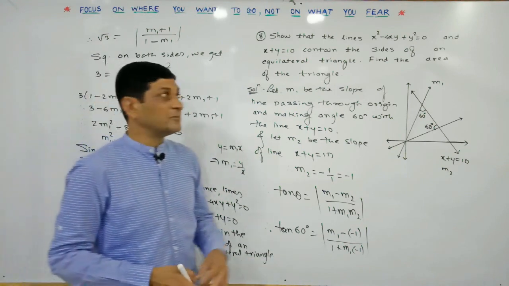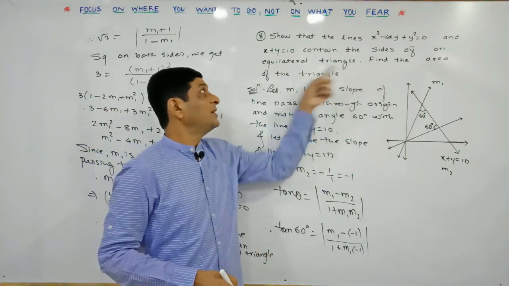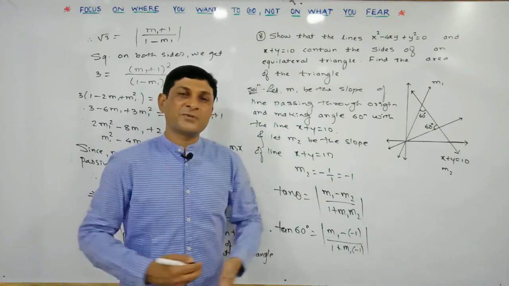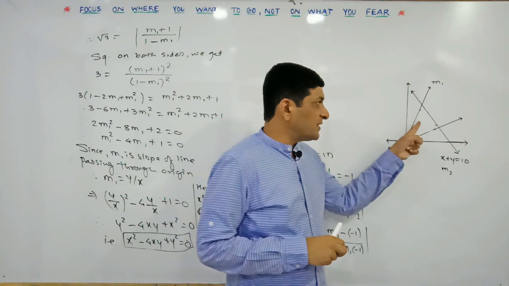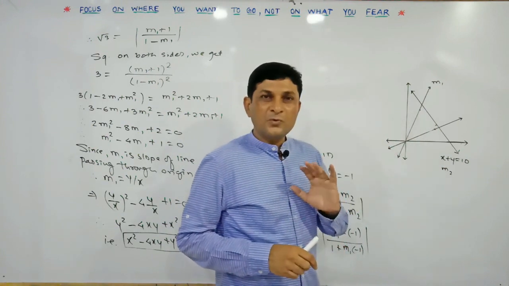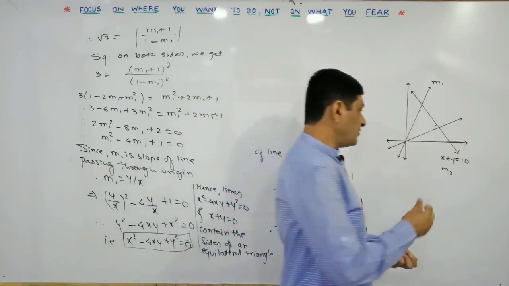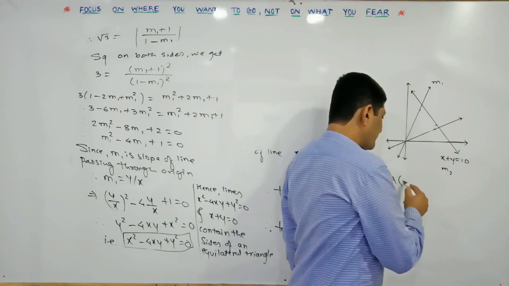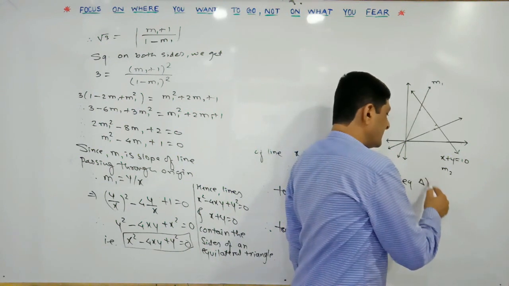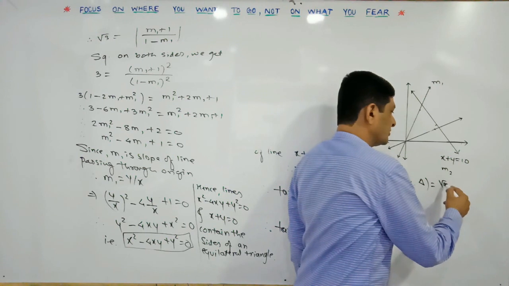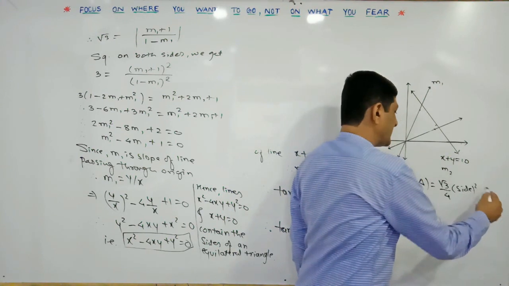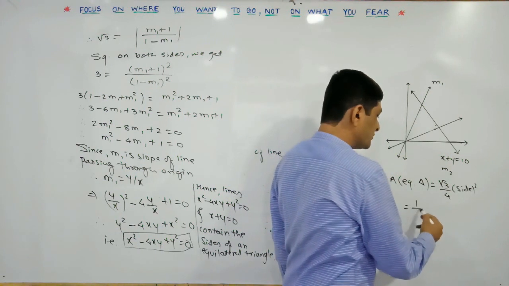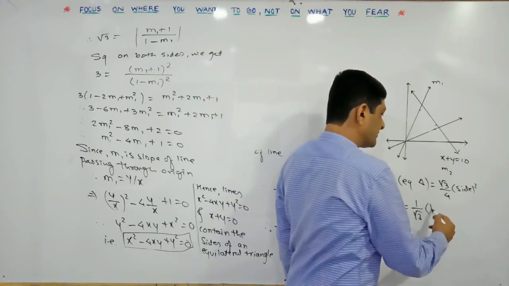Again, the second part of this example is to find out the area of the triangle. Now we are finding the area of this equilateral triangle. To find the area of the triangle, we have two formulas. Area of an equilateral triangle is equal to root 3 by 4 side square, and another formula is 1 by root 3 height square.